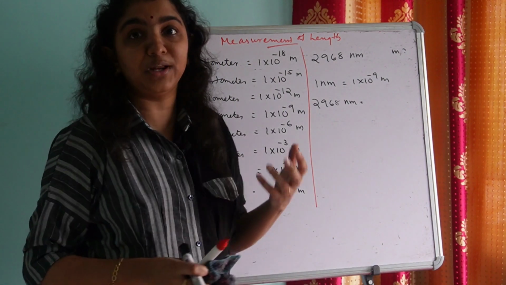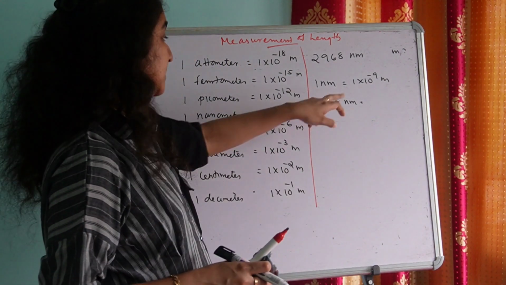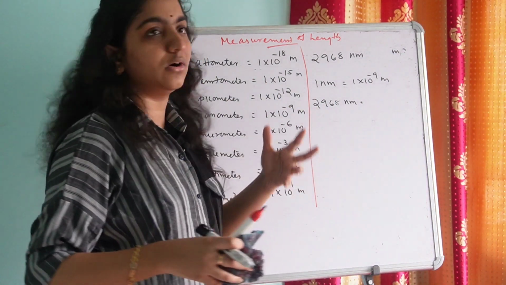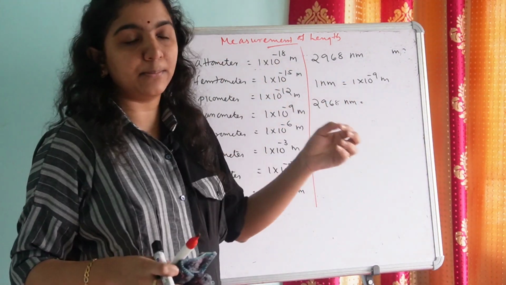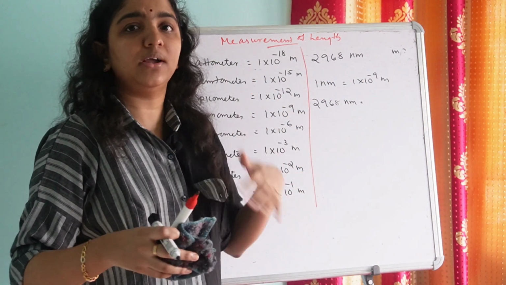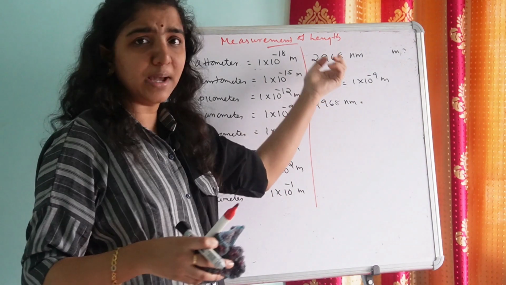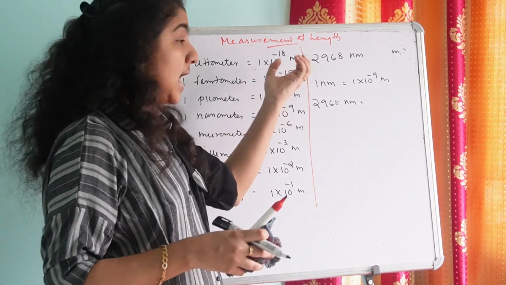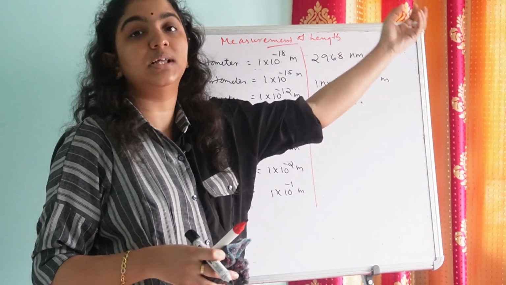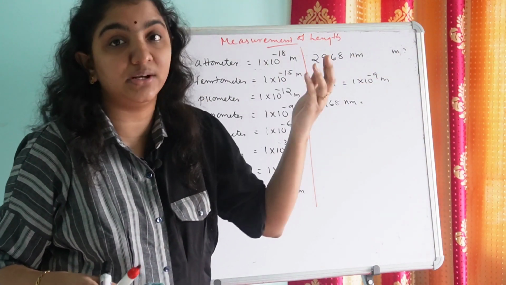So there is a rule in maths. If I add, subtract, multiply or divide by a number on the left side, I have to do the same operation on the right side of the equal sign also.